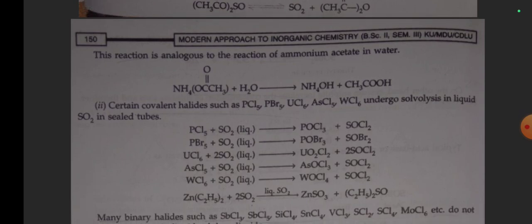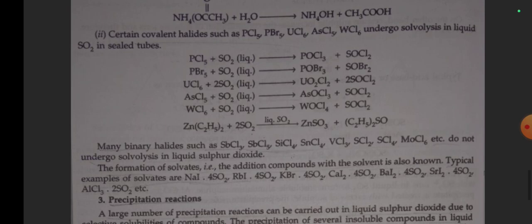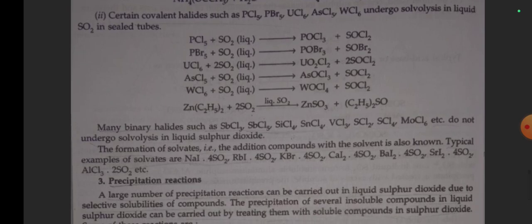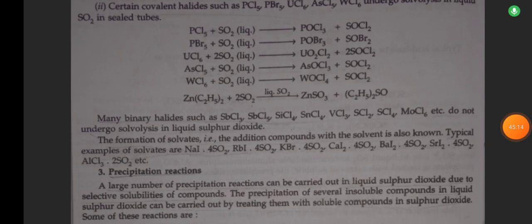This reaction is analogous to the reactions of ammonium acetate in water. Number 2. Certain covalent halides such as PCl5, PBr5, UCl6, AsCl5, WCl6 undergo solvolysis in liquid SO2 in sealed tubes. PCl5 plus SO2 liquid gives POCl3 plus SOCl2. Many binary halides such as SbCl3, SbCl5, SiCl4, SnCl4, BCl3, SCl2, SCl4, MoCl6, etc. do not undergo solvolysis in liquid sulfur dioxide.